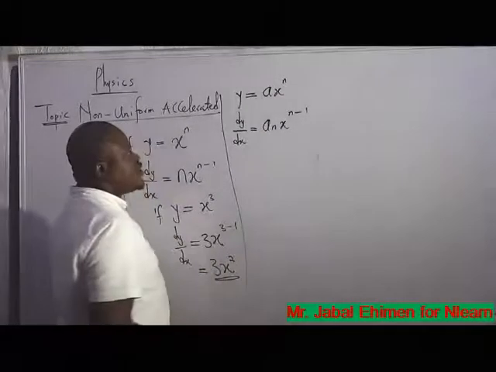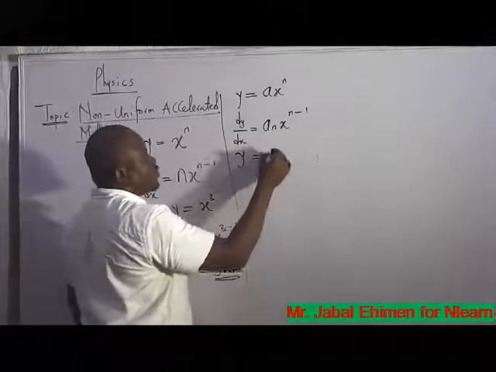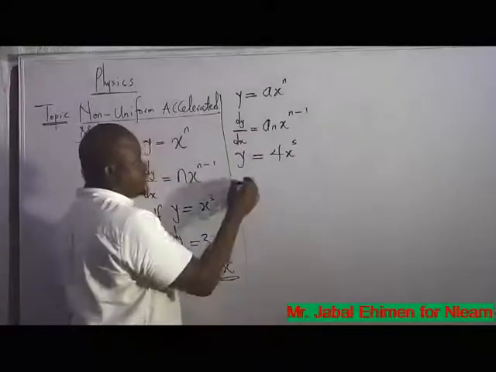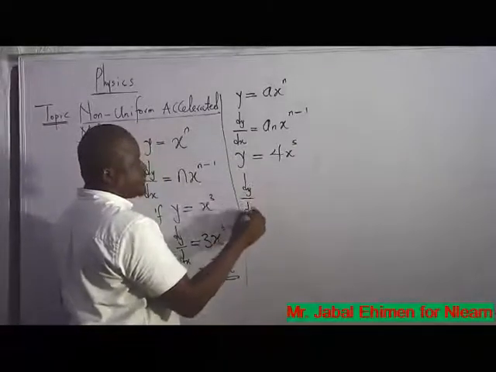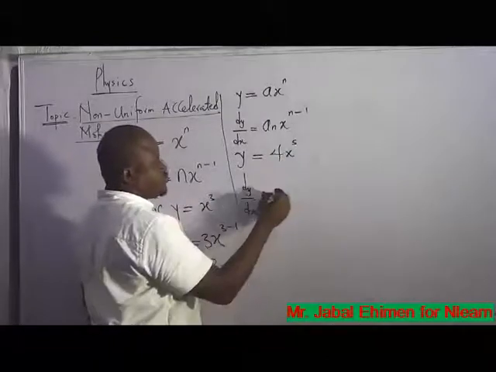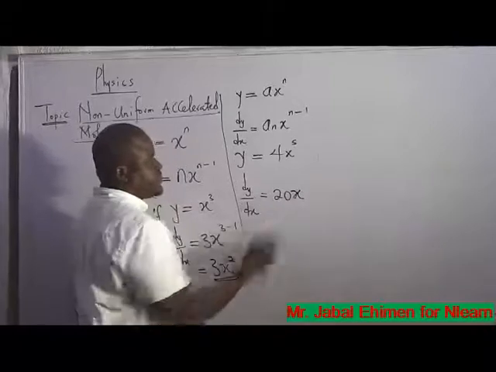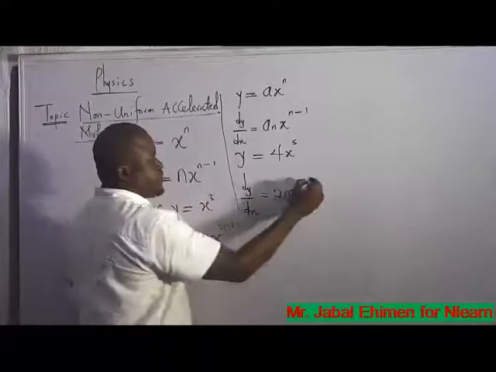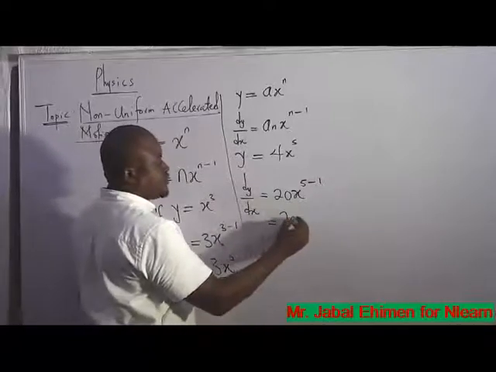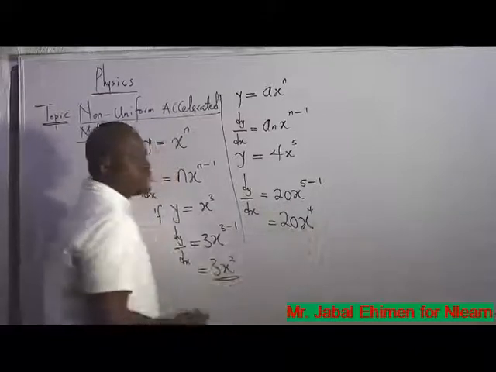Take note of that. So if I'm having y is equal to 4x raised to power 5, dy over dx surely will give me 5 times whatever is in the back, which becomes 20, x to the 5 minus 1, which gives 20x raised to power 4.